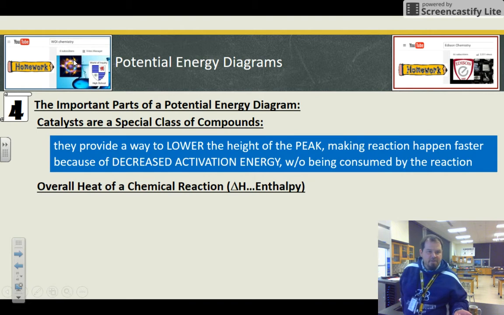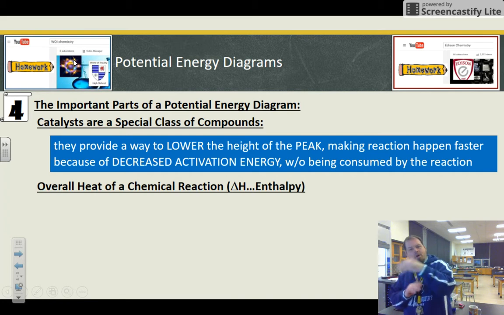All right, catalysts are a special class of compounds. By definition, they provide a way to lower the height of the peak, making the reaction happen faster. The actual scientific term is they provide an alternate pathway. Because what happens is the chemicals' potential energy changes, and at that activated complex, they're actually neither. They're no longer reactants, they're no longer products.